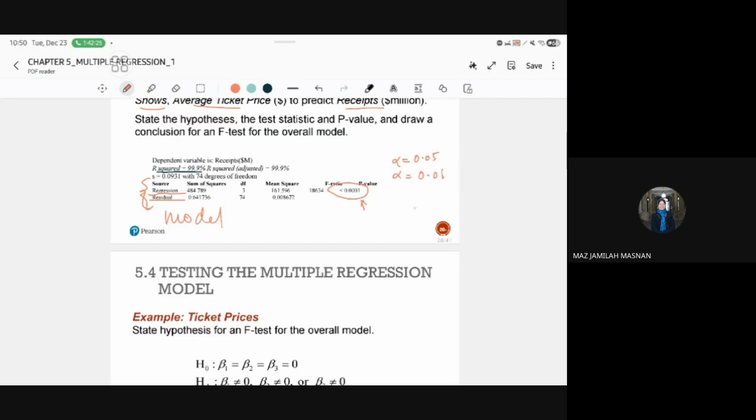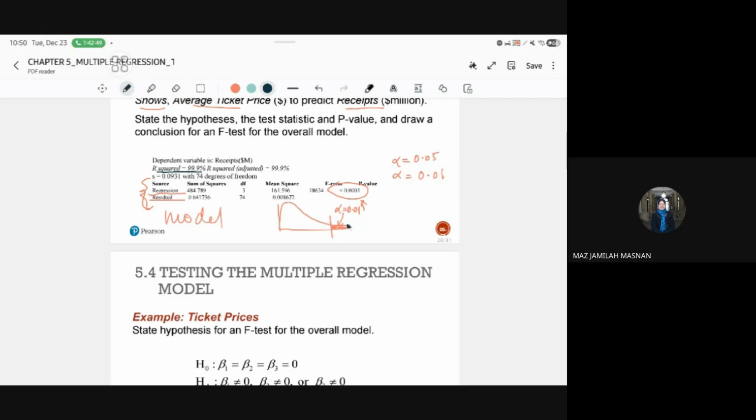Let's say this is the F test, and your alpha is, let's say, 0.01. With alpha 0.01, your p-value is even smaller.